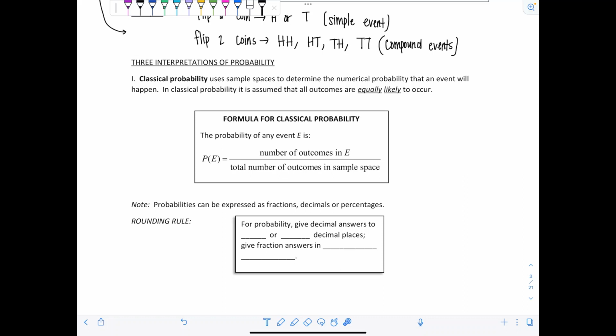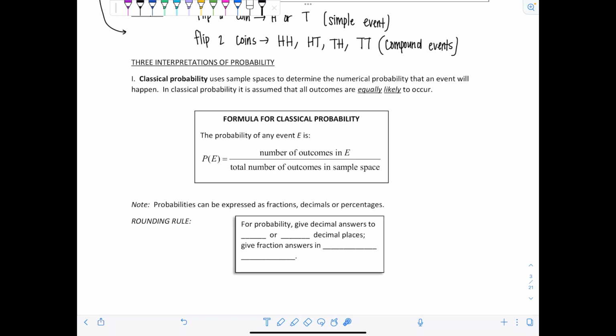So for example, when we flip a coin and you're computing the probability of it landing heads, when you use classical probability, you're assuming you have an equal chance of the coin landing heads or tails. Is that true? There's some discussion, right? That the shape of the coin and the way it is on one of the sides tends to make it land a certain way. It's actually not 50-50, but we don't get into that when we do classical probability.